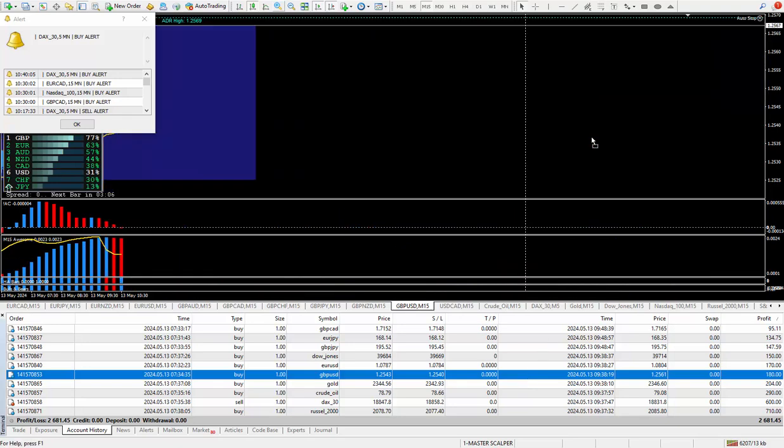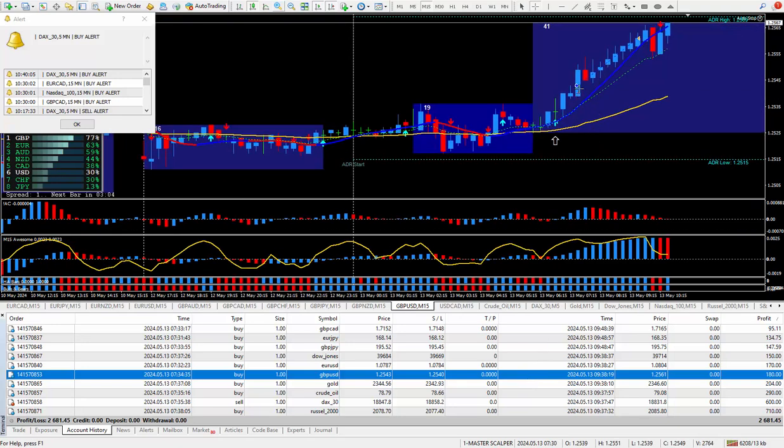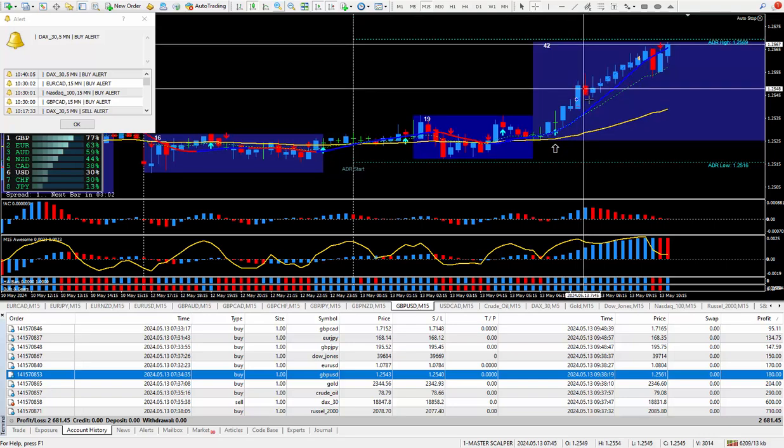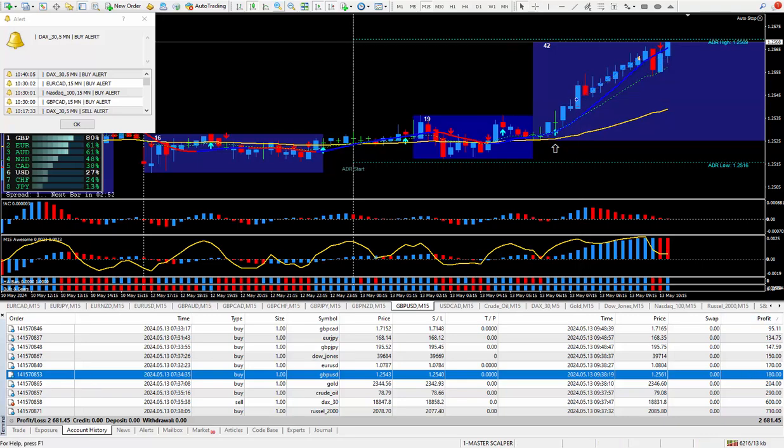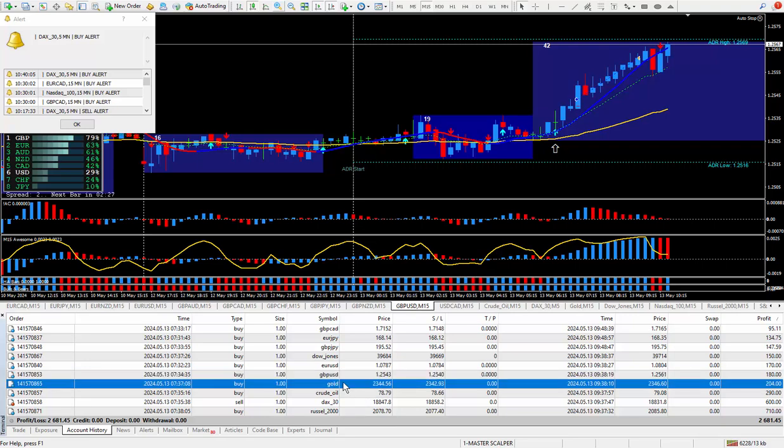So let's drag and drop this up. There we go. Easy decision to make to buy. And looking for that 18 pips, and there it is right there, 18 pips, paying out $180. Moving on to the next trade, which is gold.